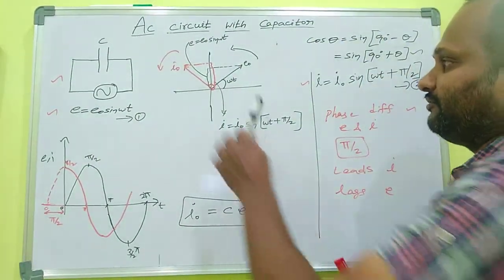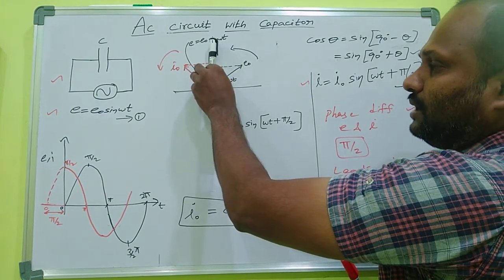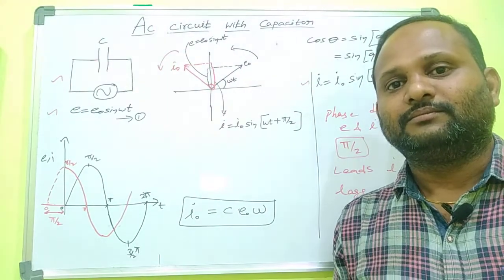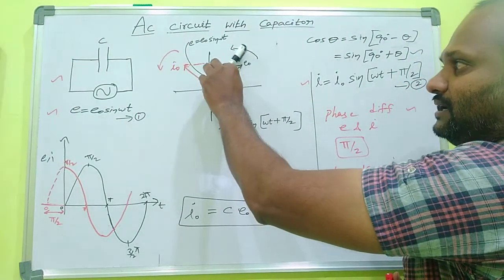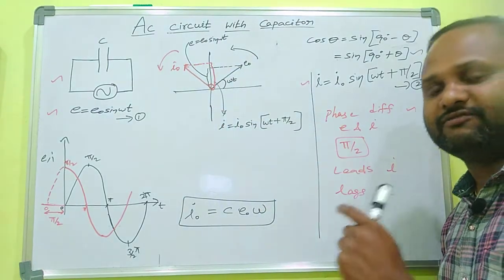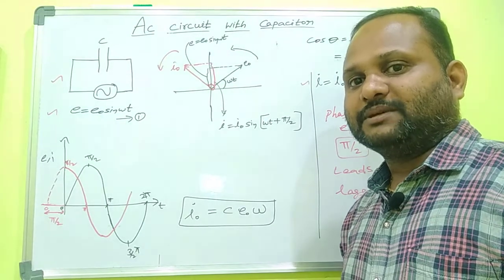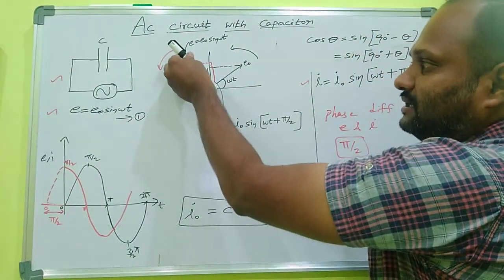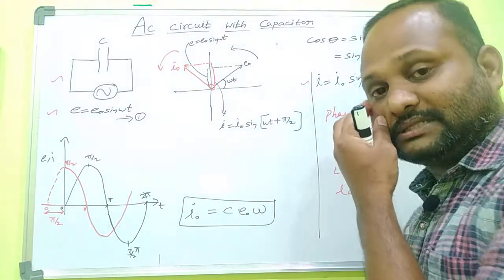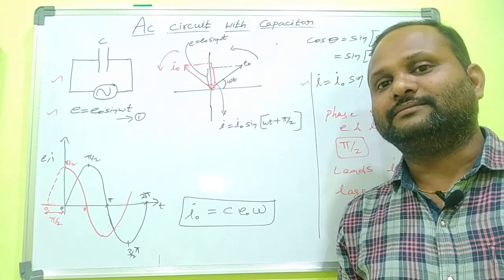When the EMF rotates anti-clockwise, it goes and attains the maximum value. So the EMF goes on increasing. What happens to the current? When the current rotates here, it becomes smaller. That means the value of current is decreasing.